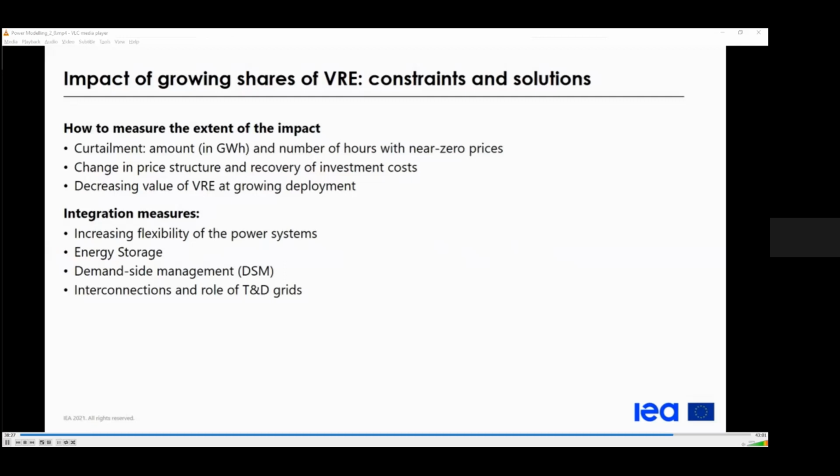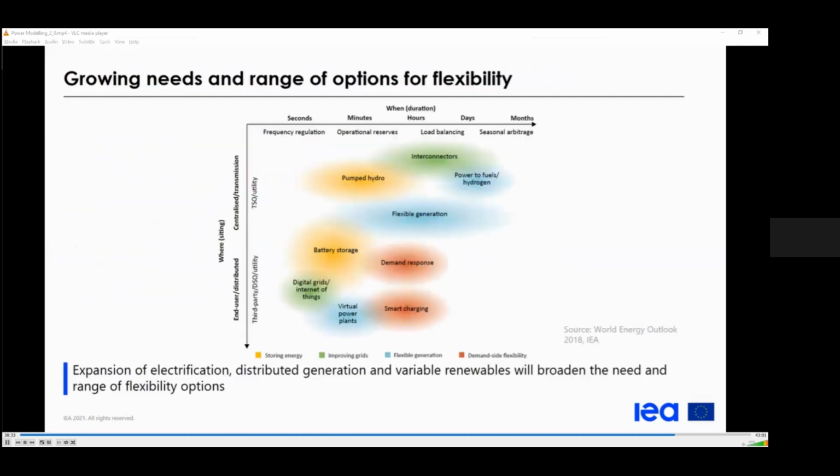So these four categories, I'll come back to this in the next slide. You can see these four main categories displayed in that graph with different colors. For example, flexible generation solution is in blue.